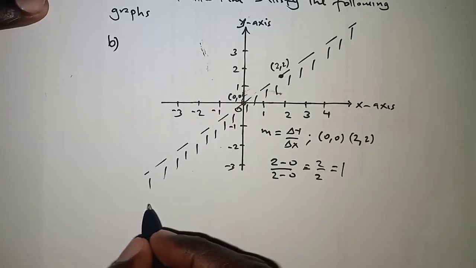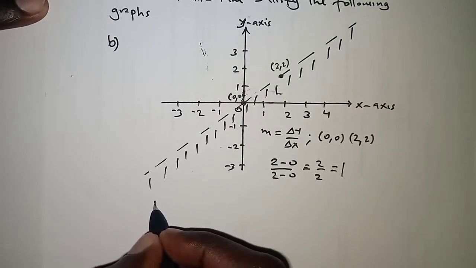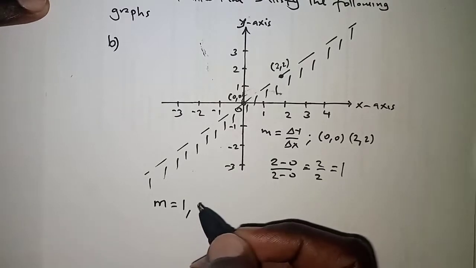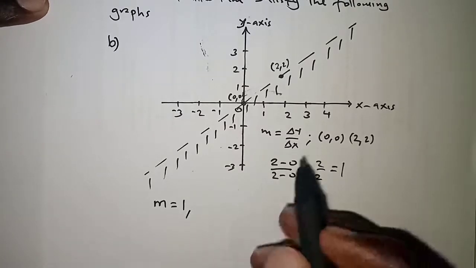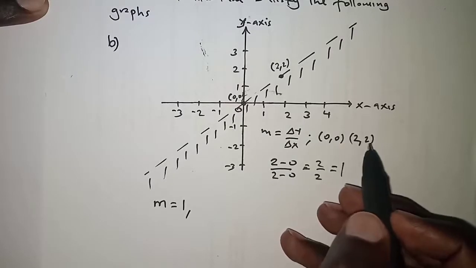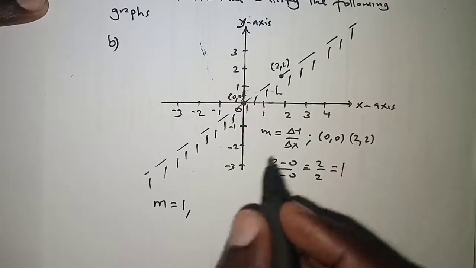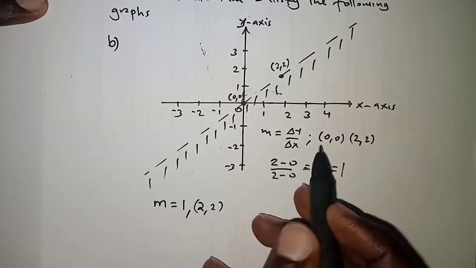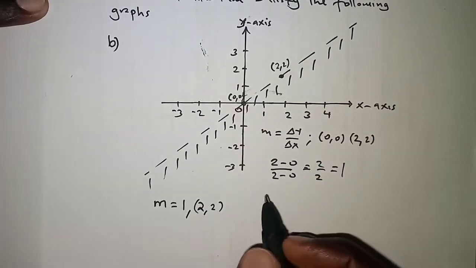Once we have the gradient as 1, the next thing is to get the equation of the line. First we have that the gradient is 1. Next we also look for a point, one of the points that we already identified. Let me go with 2, 2. You can also use 0, 0, still arrives at the same answer.